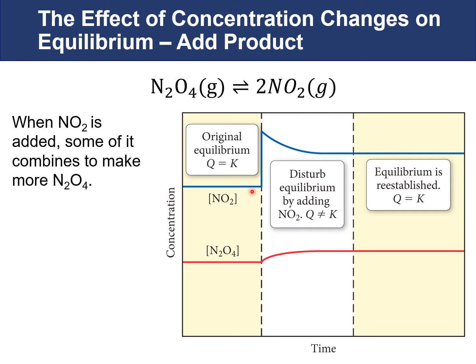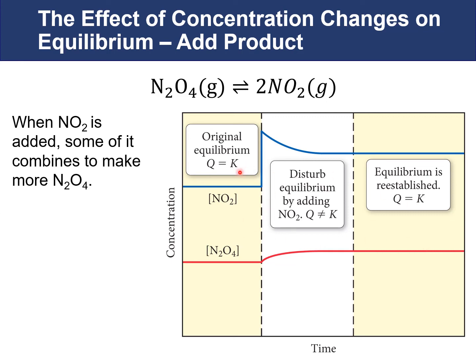We are essentially adding in NO2. There's a quick jump in the concentration of the NO2 because we added more of it, and then the concentration of the NO2 decreases and then reestablishes a new equilibrium. As it is decreasing, more N2O4 is being formed, eventually establishing a new equilibrium.